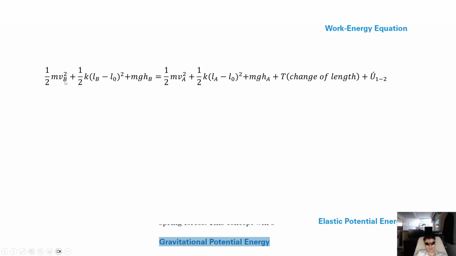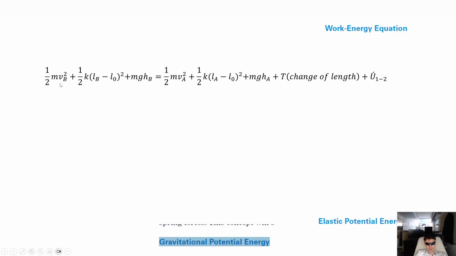So we need to use this formula. We don't have any M G H B because it will be 0 for both sides. We don't have any tension, so this part will be 0. We just use this, this, this one, and that one.